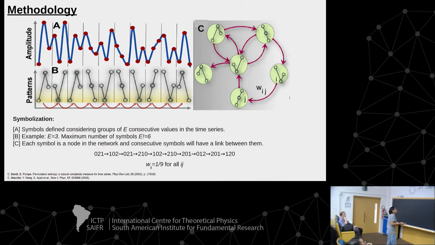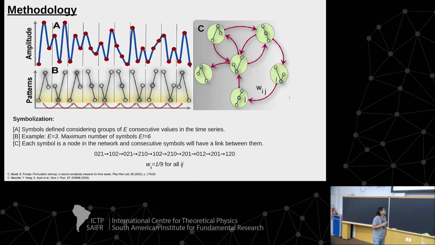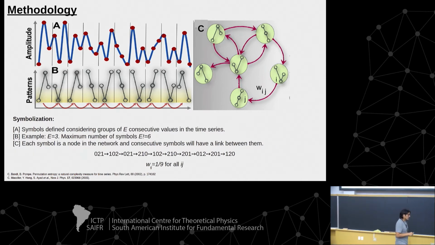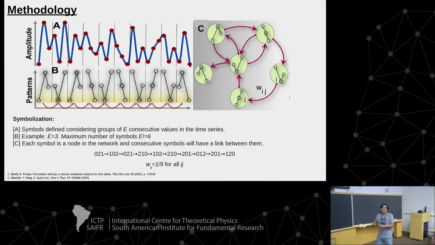We also borrow and extend a methodology introduced by Masoller, in which they transform the patterns into a weighted and directed network, in which each pattern is going to be a node, and the links between the nodes appear according to the recurrence of one pattern coming after the other.